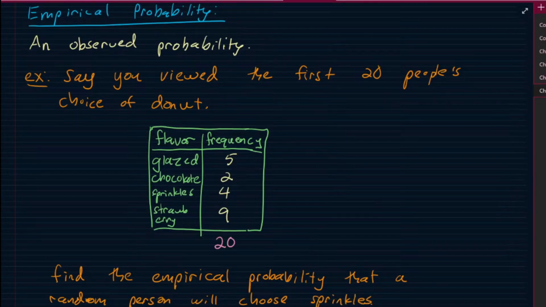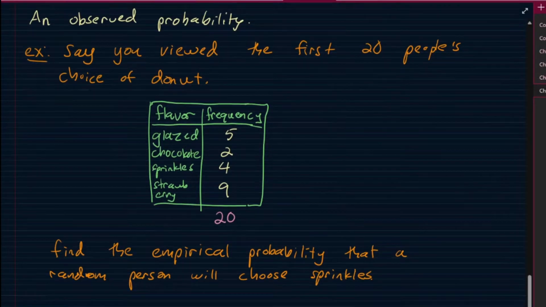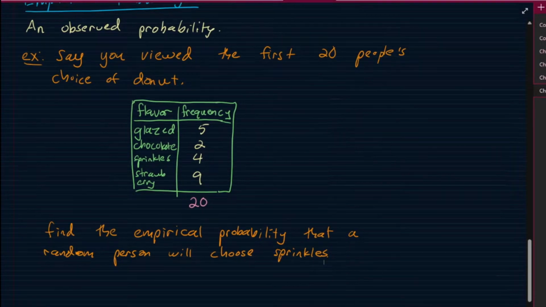Well, the formula for empirical probability is pretty much the same. They've got a typo here in the book, so I don't want to use their definition. But it's really just the frequency over the total number of observations.